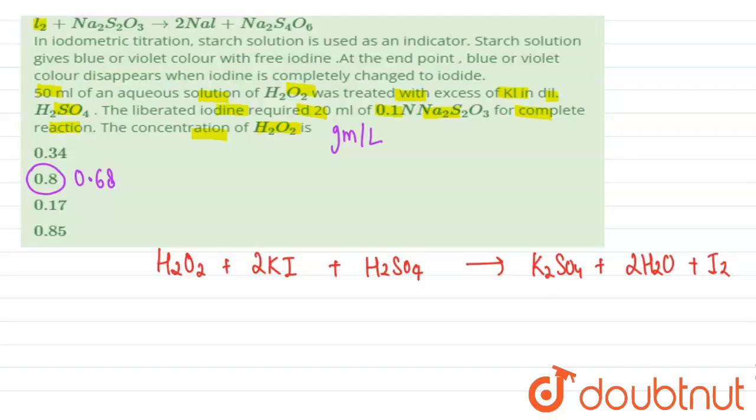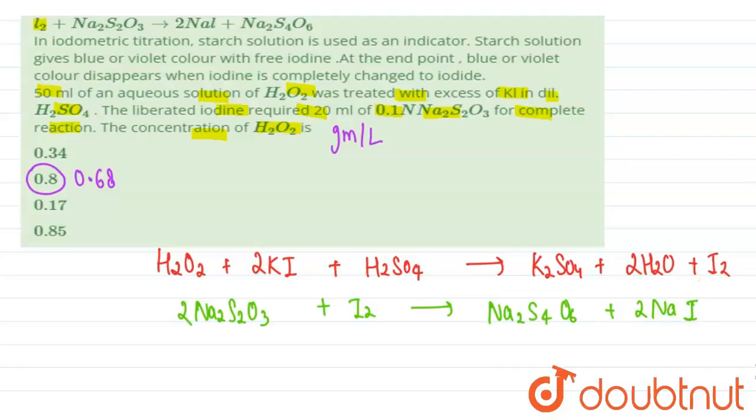When this iodine reacts with sodium thiosulphate, that is Na2S2O3, which is known as hypo, we get iodine once again being reduced to iodide. So these are the two reactions for the given question.